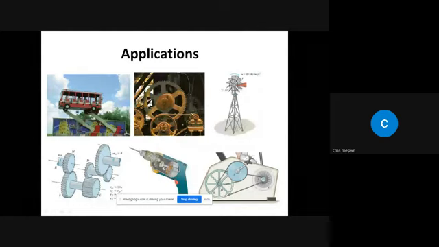So those forces can have a direct effect and they can also have a moment. These are a few of the applications shown in this slide. Since there are a number of applications, it is very important to study and analyze these daily life applications.